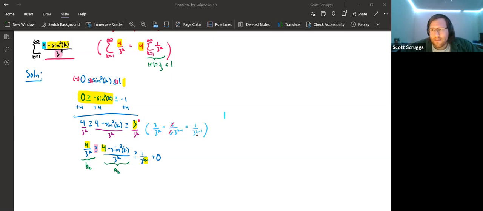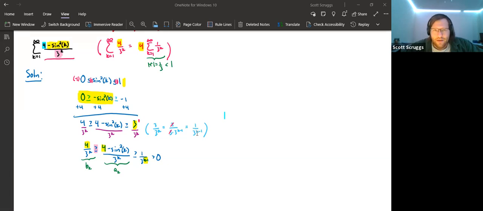And this is why 95% of the time you want to use limit comparison tests. Because a big hiccup of direct comparison tests is that you do actually need to show that inequality. Either a_k is less than b_k, and then the series with b_k as the terms converges, or a_k is bigger than b_k, and the series with b_k diverges, which is a lot more difficult to work with.